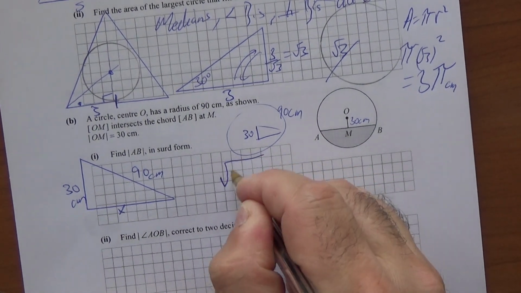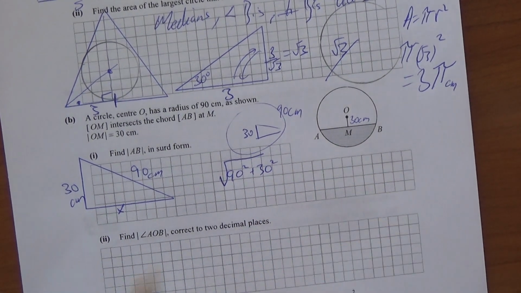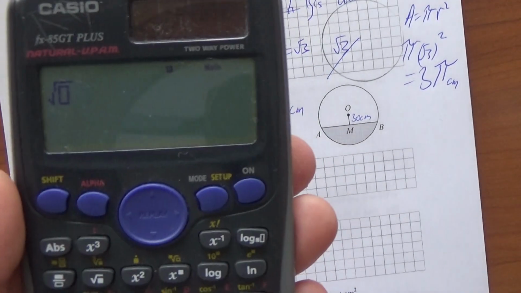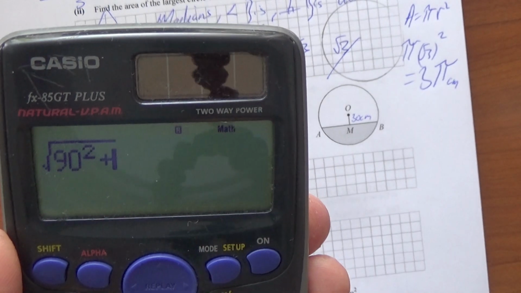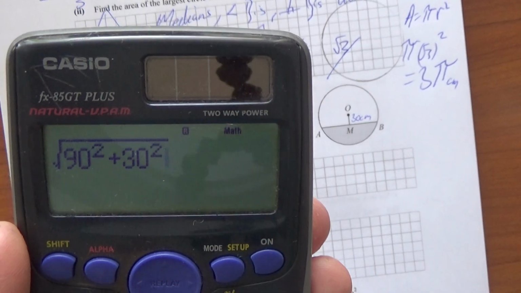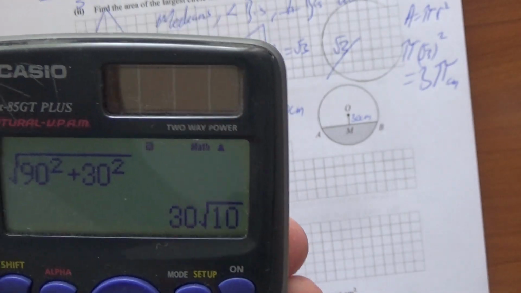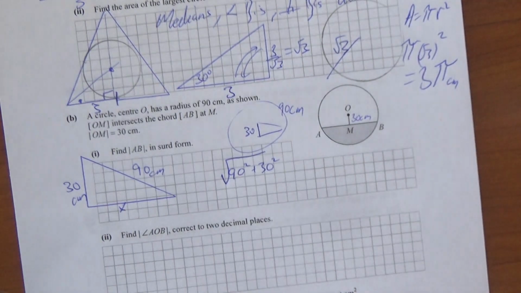So let's just go 90 squared plus 30 squared in our calculator. Okay, we get 30 root 10, and I'm going to store that to the first memory bank.